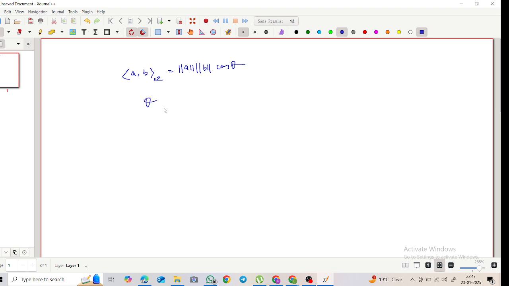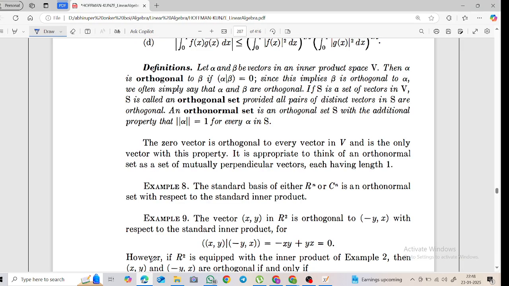So we can define theta like this to be cos inverse.